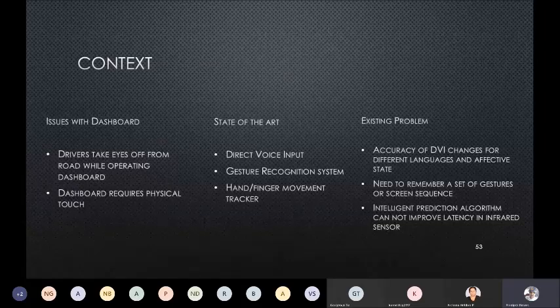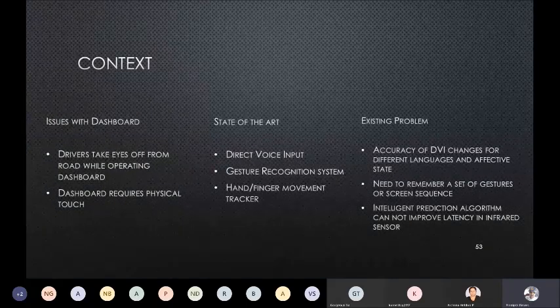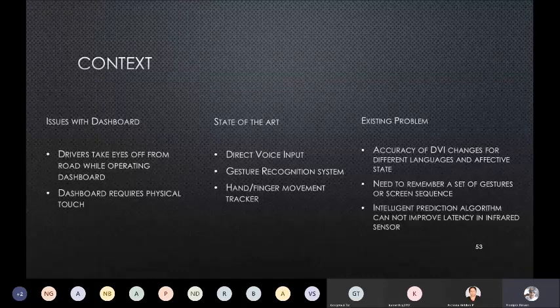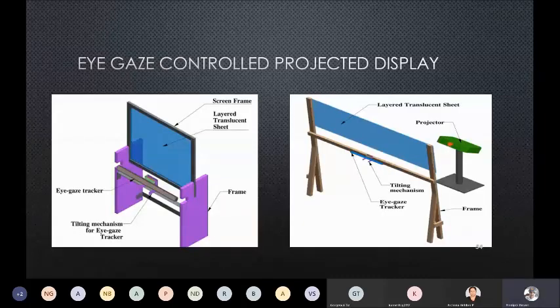And for most gesture recognition systems, either you have to remember a set of gestures, or you have to remember the sequence of screens which will come for a typical gesture. So we term it that it will add more cognitive load to the driver, unless it's very small. So we started our research by developing a very simple optical see-through display.